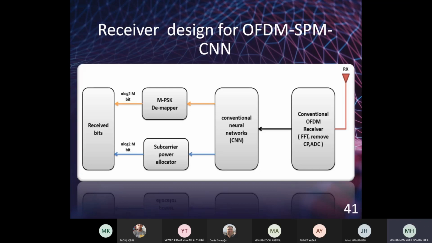So the output of the CNN Equalizer, which is the in-phase and quadrature component, recovers the bits transmitted by the subcarrier power allocator, and the constellation points which were modulated by QPSK will be derotated, so that all incoming bits will be received.